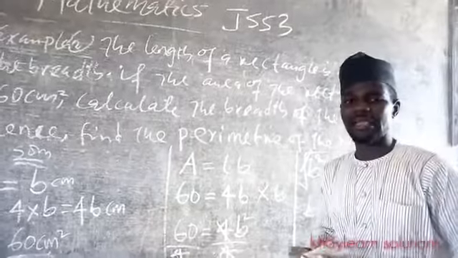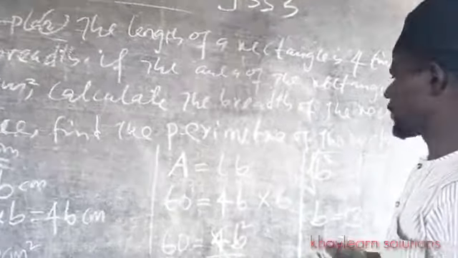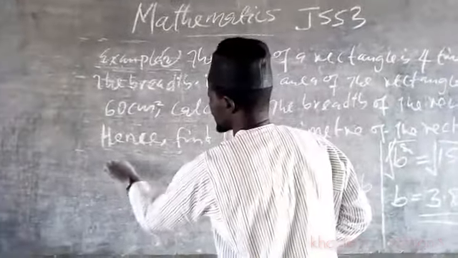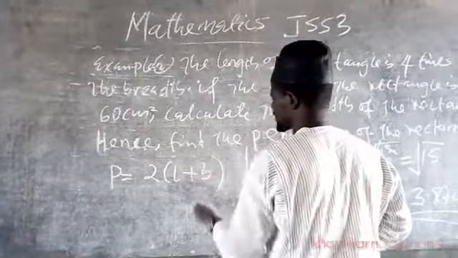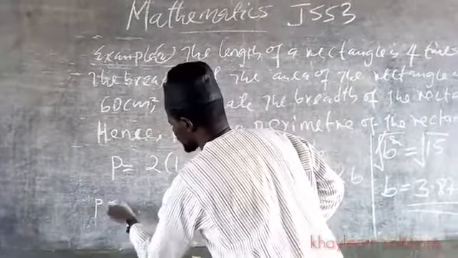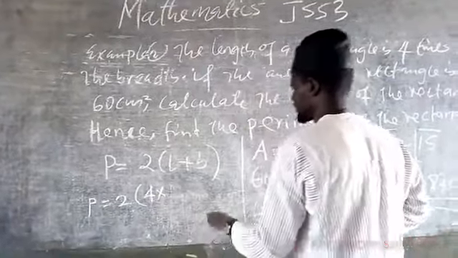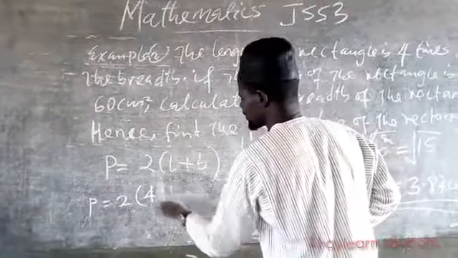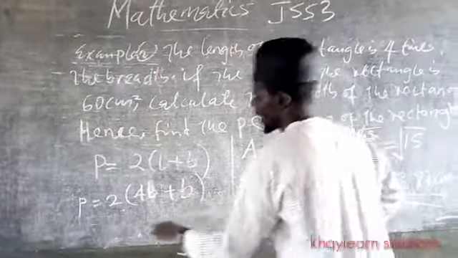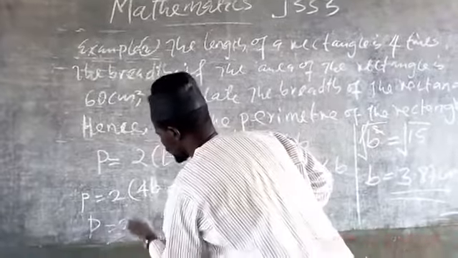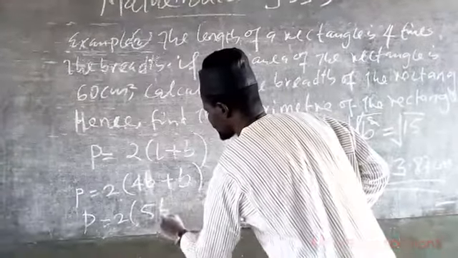Now they said hence we are to find the perimeter of the shape. Perimeter is P, which equals 2 bracket length plus breadth. Now my perimeter will be equal to 2 bracket, my length is 4B, plus another B. Now my perimeter P equals 2 bracket 4B plus B is 5B.